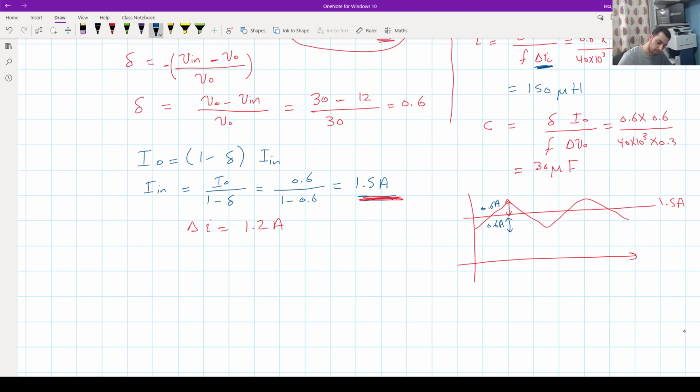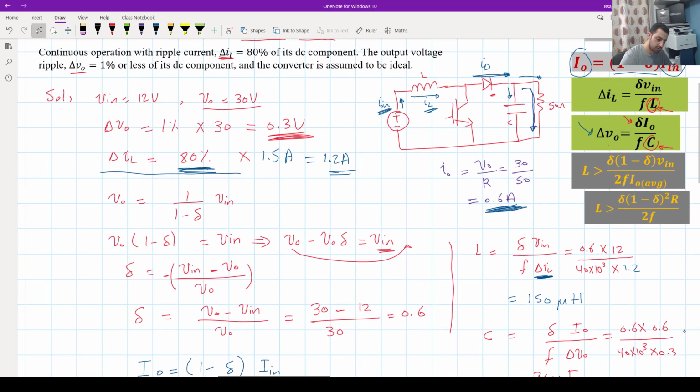Okay, so that 1.5, if I add 0.6 to it, I think it will be 2.1 here, 2.1 ampere there, and also at that value it will be 0.9 ampere. So I think my switch during the on time, because during the on time that current will go like that, and during the off time my current will go like that.